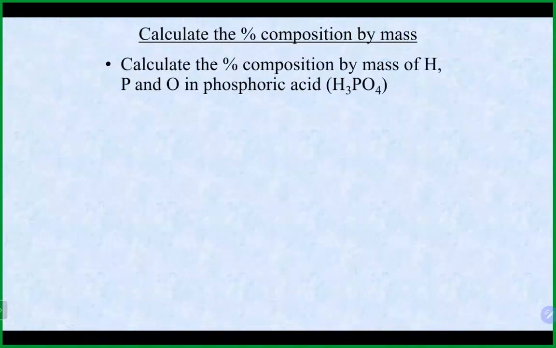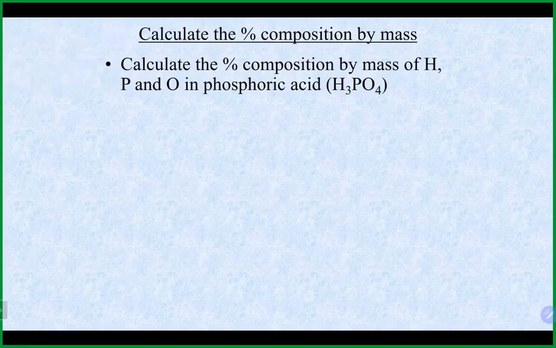So we've been talking about percent composition by mass, which really leads us into empirical formulas and molecular formulas, in terms of how to actually calculate them from experimental information. So I think we're at this example. Why don't you take a moment or two and work this example. We want the percent composition of hydrogen, phosphorus, and oxygen in phosphoric acid, which is H3PO4.